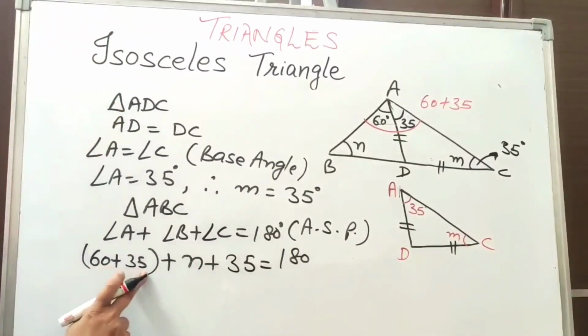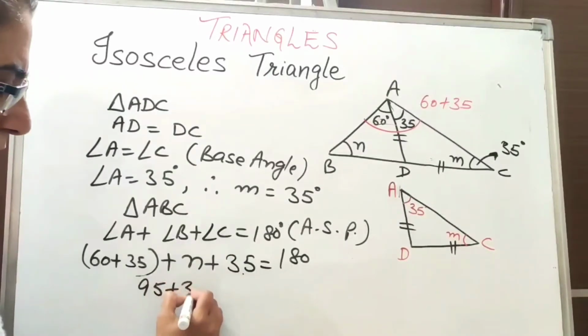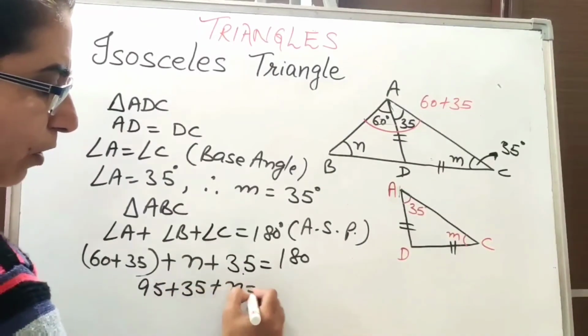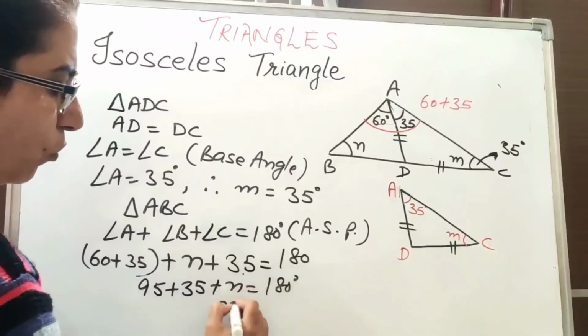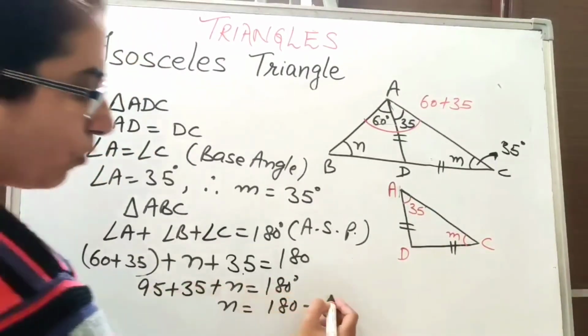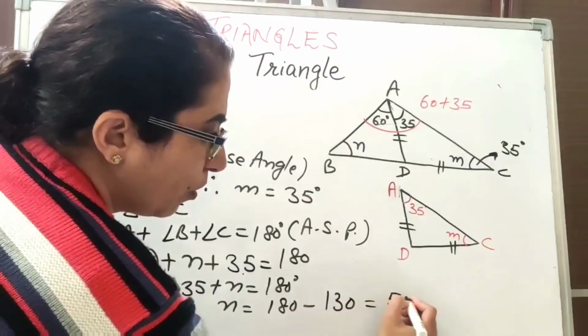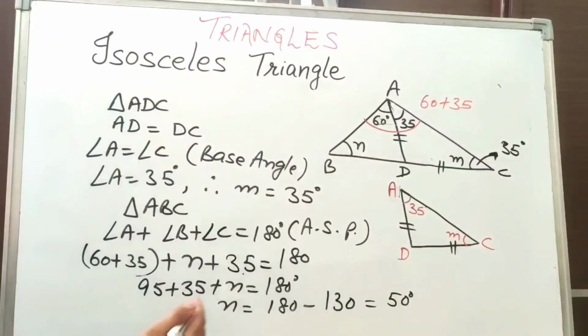So 60 plus 35 is 95, plus this 35, plus N. Now solve this linear equation. You will get N is equal to 180 minus 130, so that is equal to 50 degrees. So the measure of N is 50 degrees.